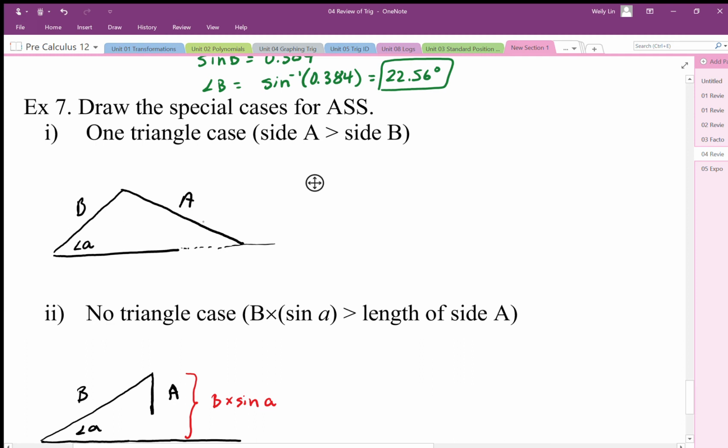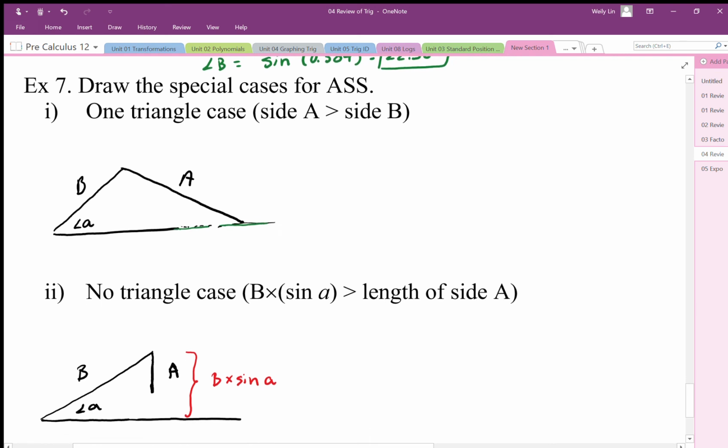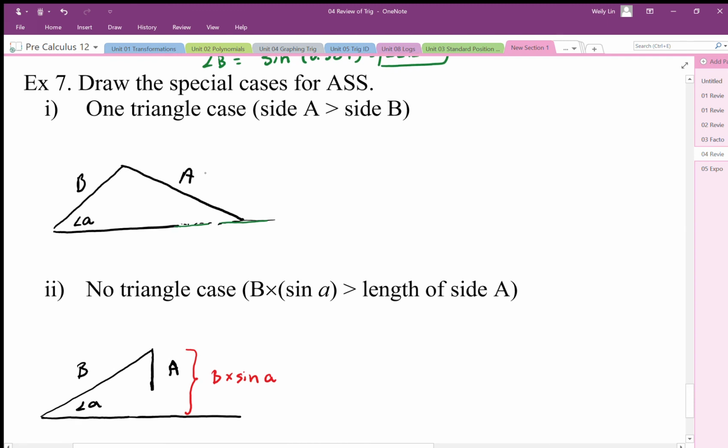There's no way I can draw this third side anywhere in this area, because if I swing that arm around, it's going to go all the way to the other side here. So it's not going to form that second triangle. It'll form one triangle because it will touch this horizontal line, but there's not two triangles that can form here. And that's when side A, the opposite side, is bigger than side B.